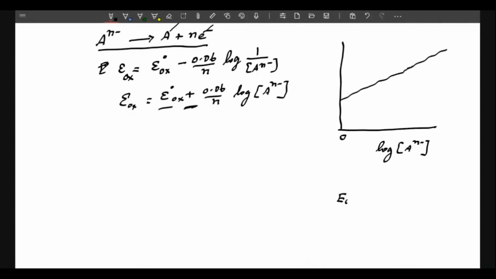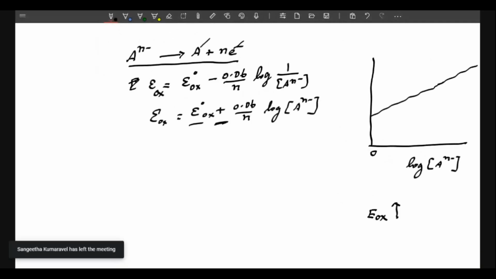Therefore, E of oxidation increases for the metal electrode. Therefore, what about the E of reduction for the non-electrolyte? It is going on decreasing. And when this is tabulated in your tabular column, it will be very helpful to you if some question arises in this.